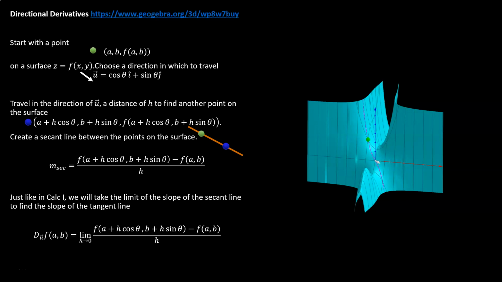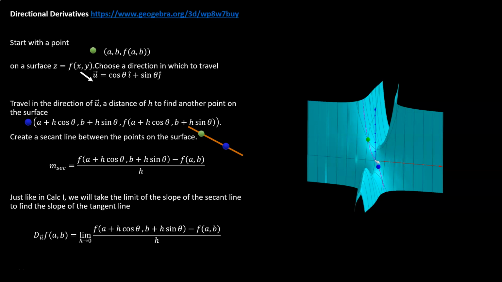So I've created this dotted line on our surface, magenta color. We're going to travel along that line because that line is parallel to the vector u, and that line is on the surface. And we're going to find another point, the blue point, which is on that path.